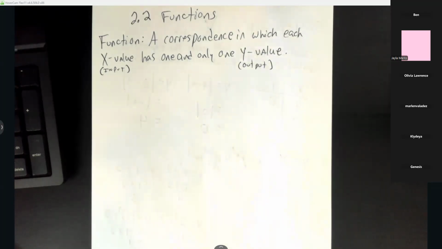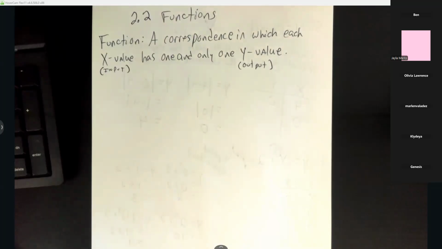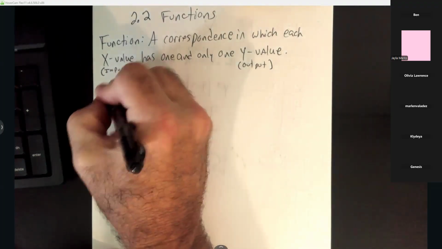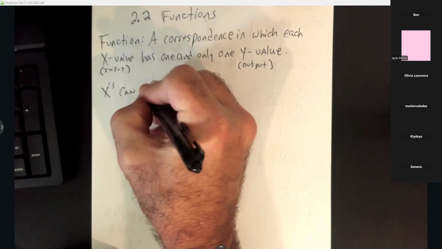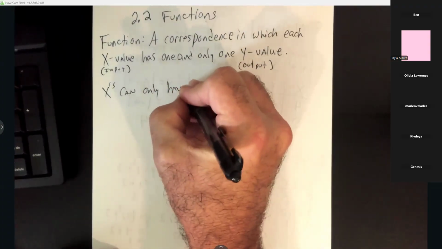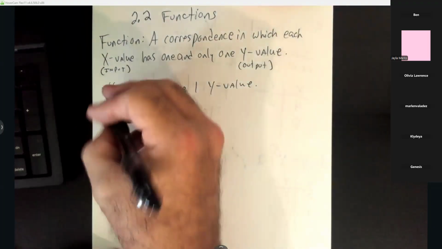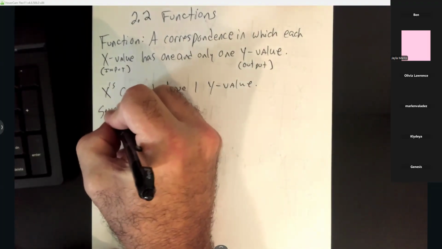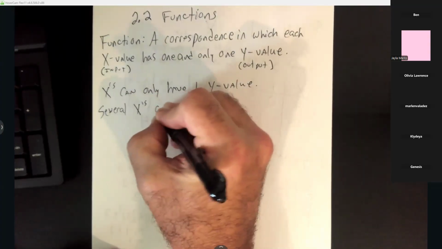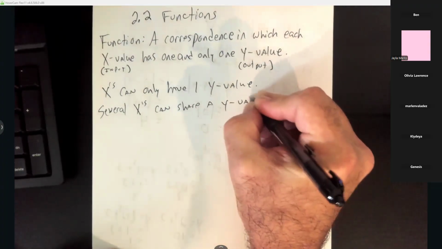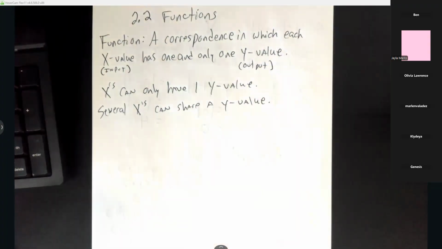So different x's can share a y value, but each x individually can only have one y value that it's going to, okay? So x's can only have one y value. But several x's can share a y value. Okay?